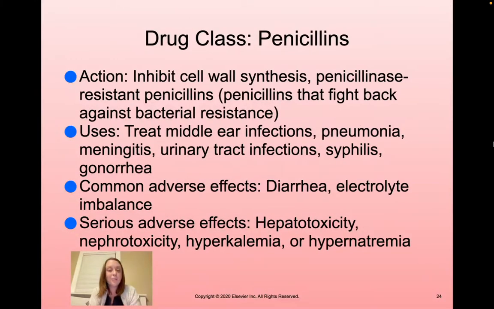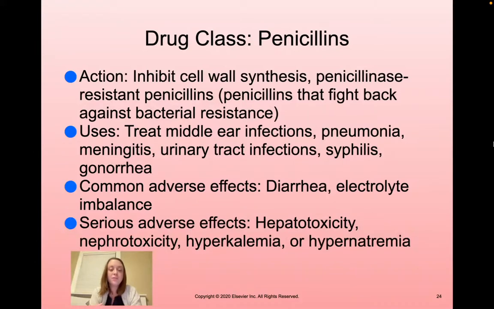This brings us to our penicillins. These are kind of the original antibiotics, the things that you think of when you think of antibiotics. Penicillins work by inhibiting cell wall synthesis. Then there's penicillinase resistant penicillins, and these are penicillins that fight back against bacterial resistance that some bacteria have developed to these penicillins over the years.